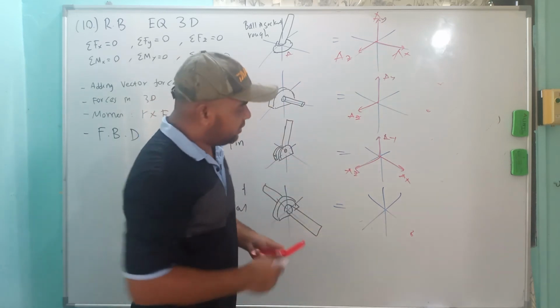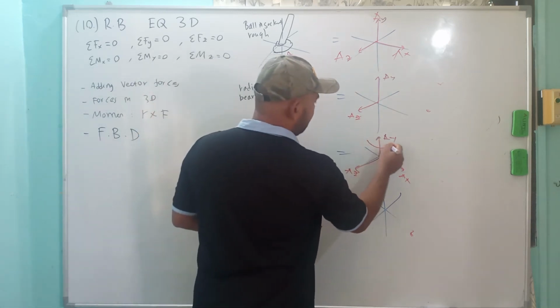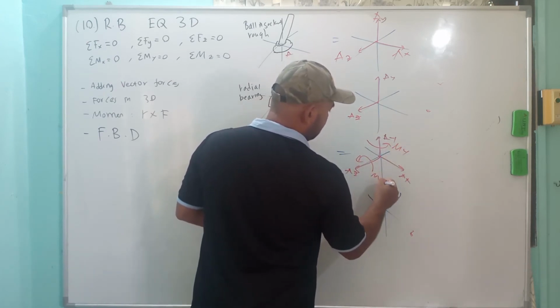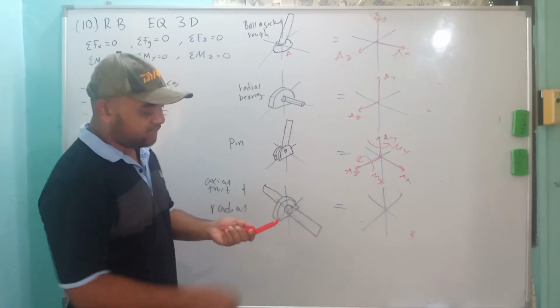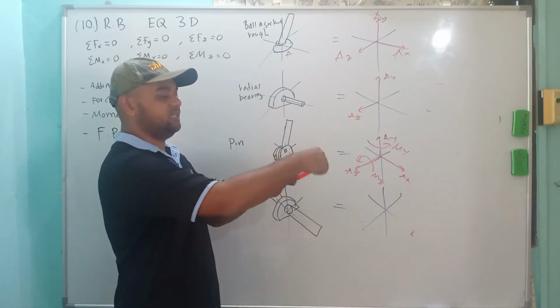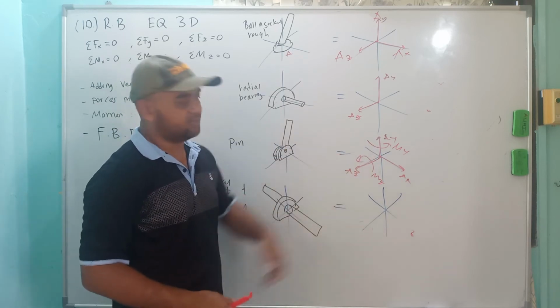So in here there will be moment in y and moment in z. There's no moment in x because this is x, you can rotate along the x-axis. So only a y and a z.